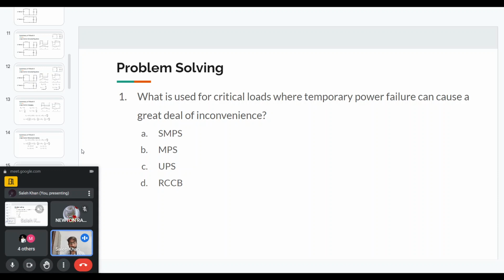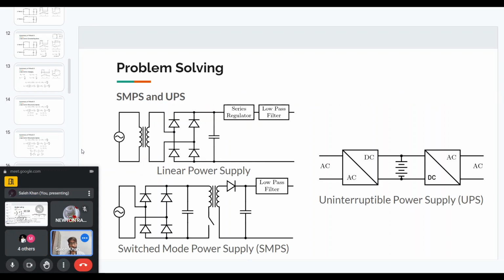When we talk about SMPS, or switched mode power supply, it is usually in comparison to a linear power supply. Both of these are AC to DC power supplies. Usually the AC that we get in our homes is 230 volt AC, or 110 volt, depending on where you are.